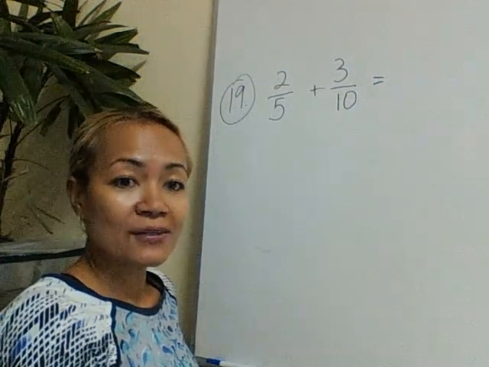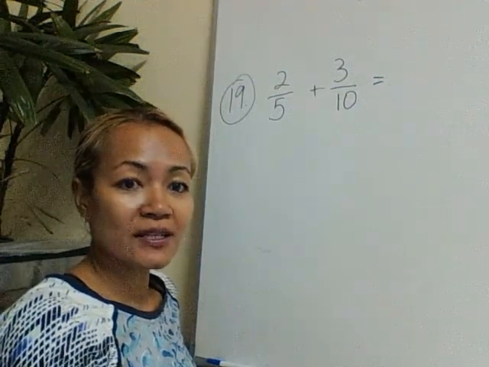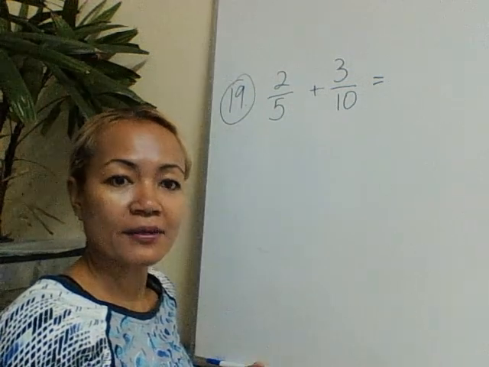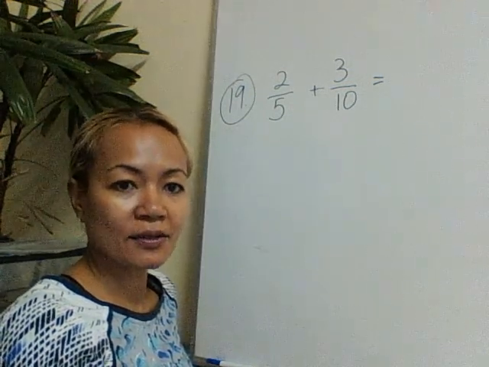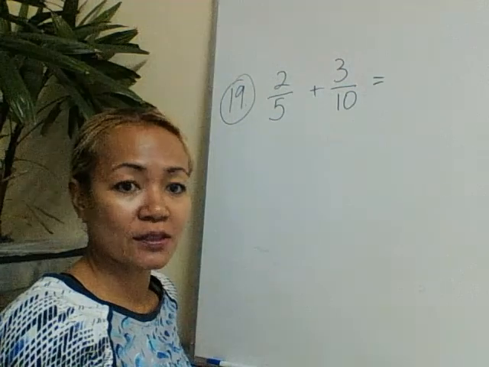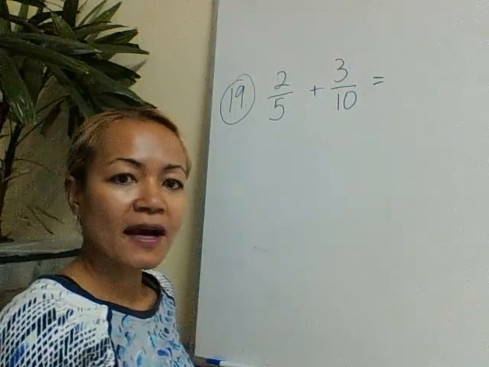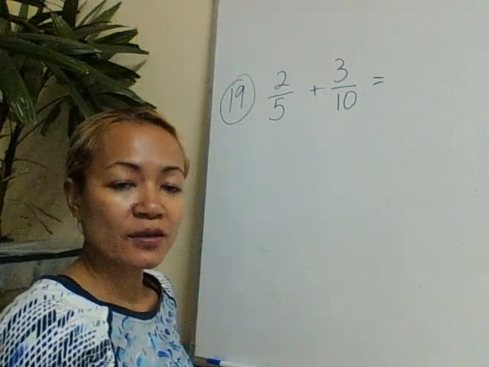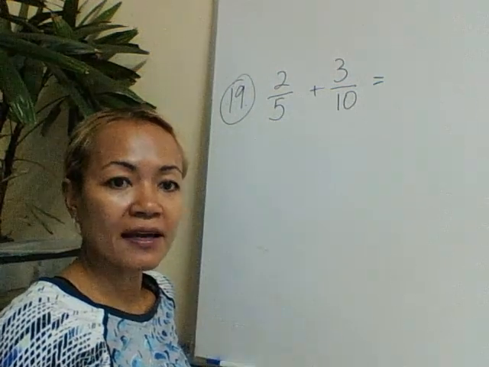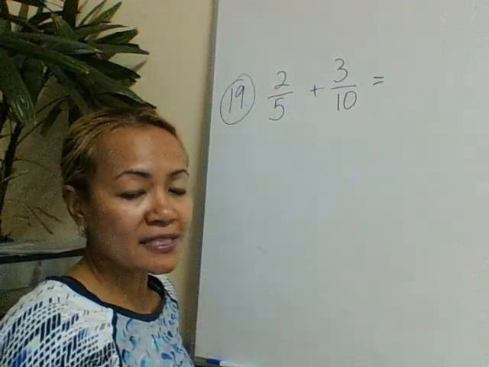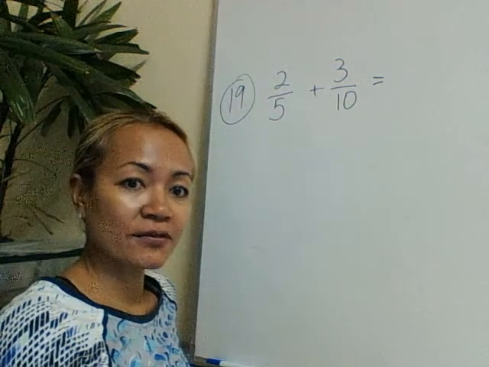When you're adding two fractions, you have to make sure the denominators are the same. That way you can easily add them, because you can't add fractions with different denominators. So you've got to convert the 2 over 5 or the 3 over 10 into an equivalent fraction of the other.